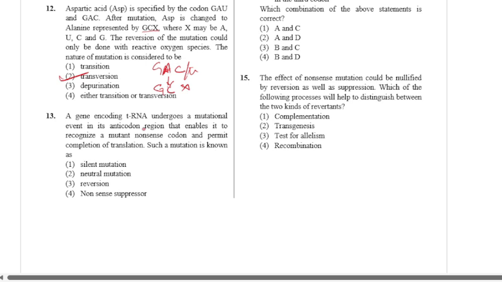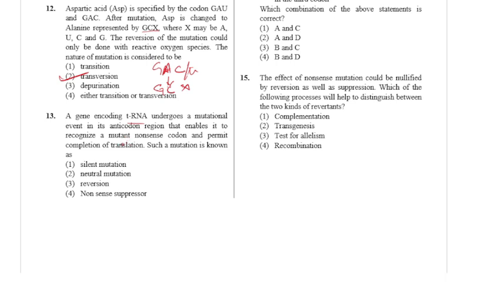Question C. A gene encoding tRNA undergoes a mutational event in its anticodon region that enables it to recognize a mutant nonsense codon and permit completion of translation.